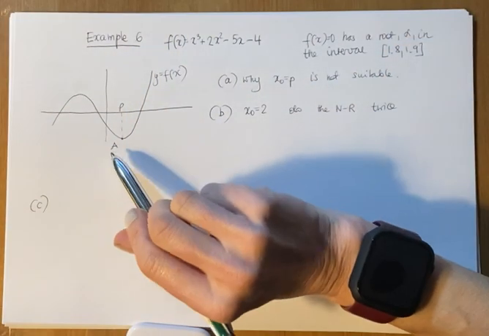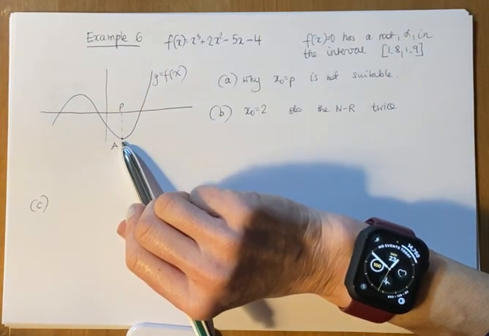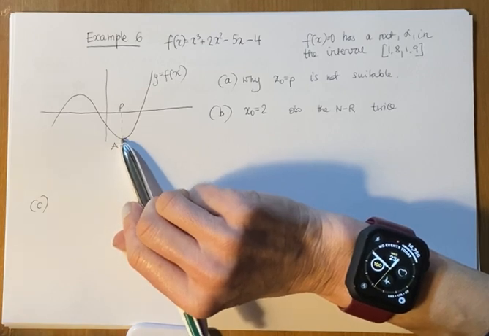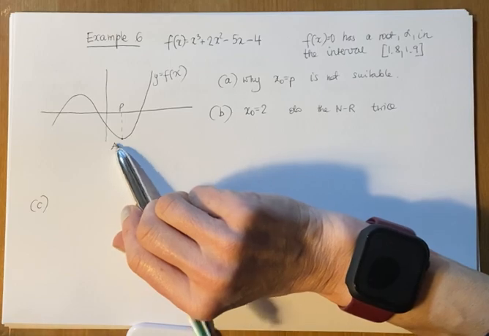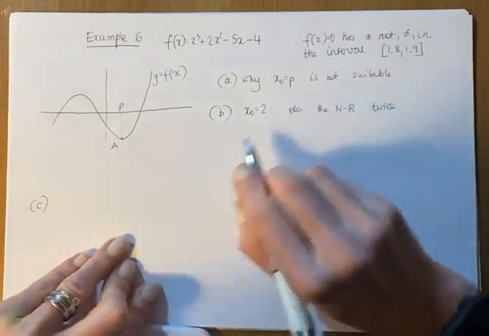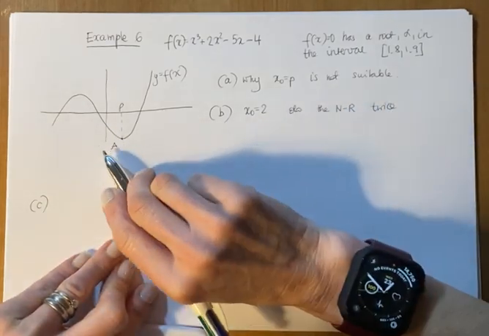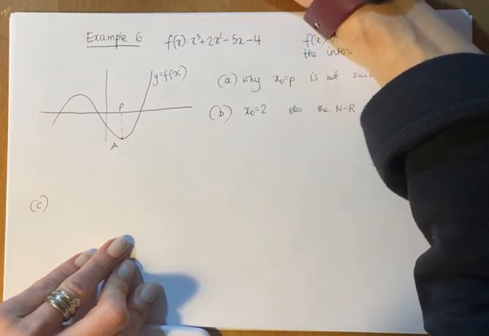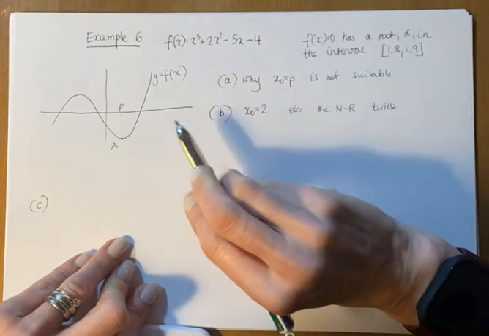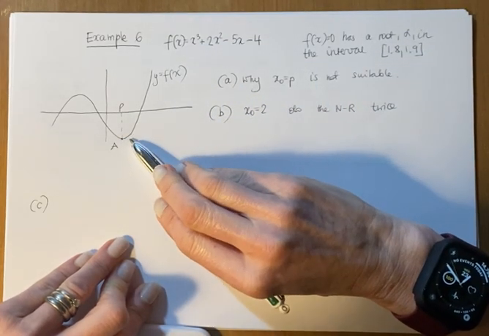Explain why at this particular point, marked on the graph as the minimum point, clearly x0 equals p is not suitable. And as I said to you before in my example that I've drawn just before this one, you can't have the horizontal tangent.